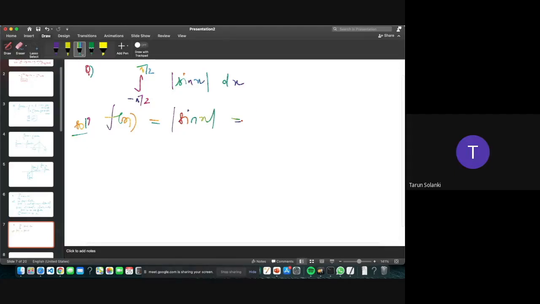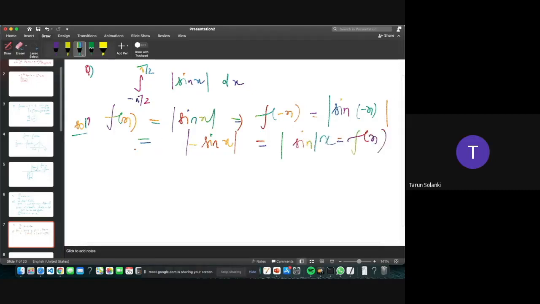Then we can say f of minus x is equal to mod of sin of minus x, which again equals mod of sin x, right? So we can say mod sin x is equal to f(x), right?